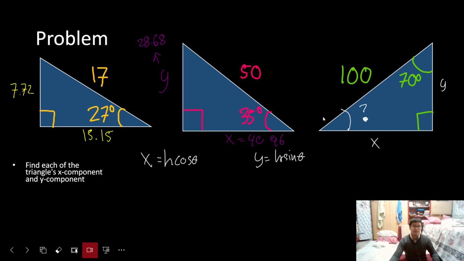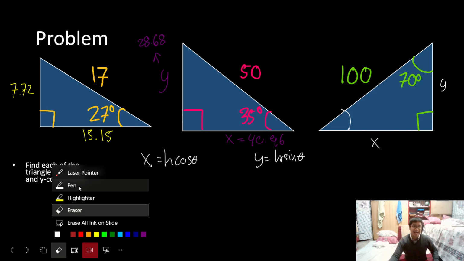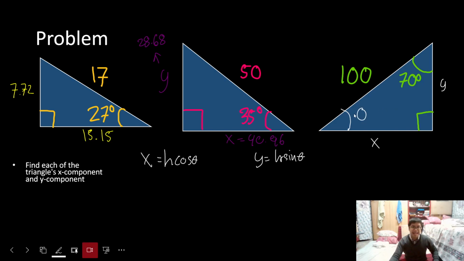The angle here, which is a question mark, you're going to find that. Why though? Because your x is always at the horizontal and your y is always at the vertical side, the first thing to do is that you must have an angle beside your x.